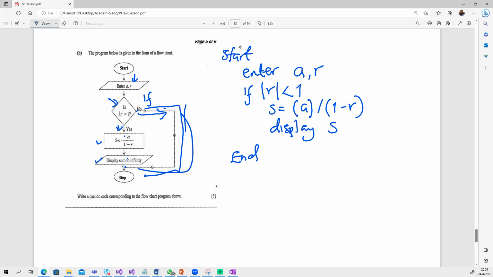This is the best practice. What is being done between the start and the end comes a bit inside, like there's a space. So this is what this flowchart must look like.